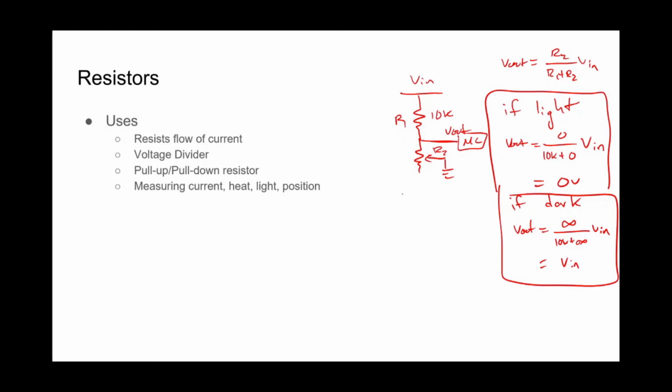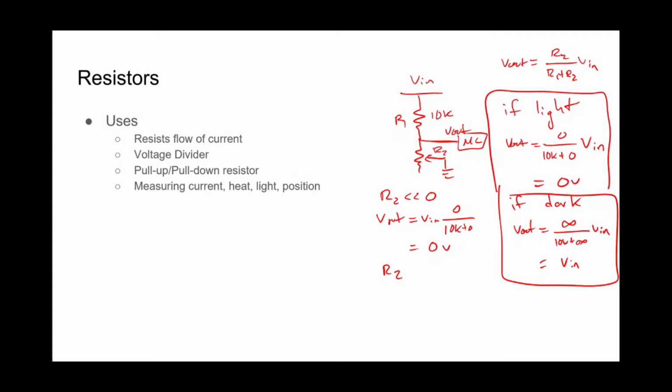So if it's all the way at the top, we would have V out, right? If R2 is small, say close to 0, then V out would equal Vn times something very small over 10 kiloohms plus 0, and that gives us 0 volts.